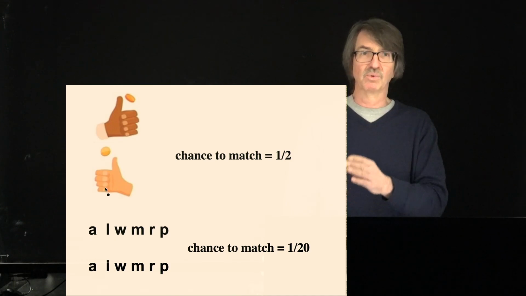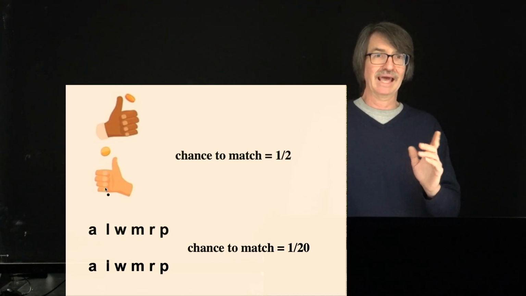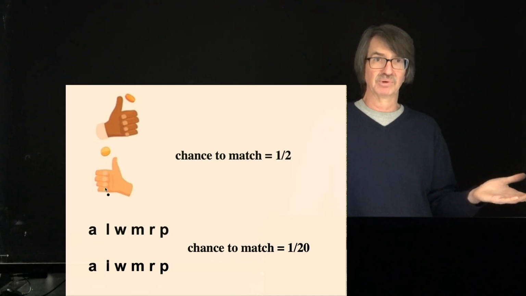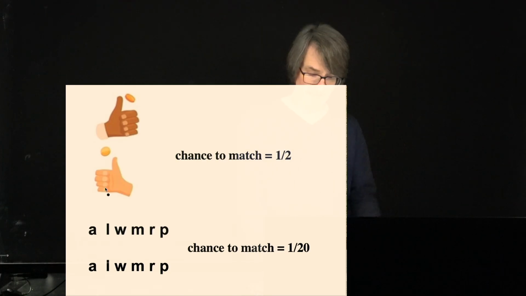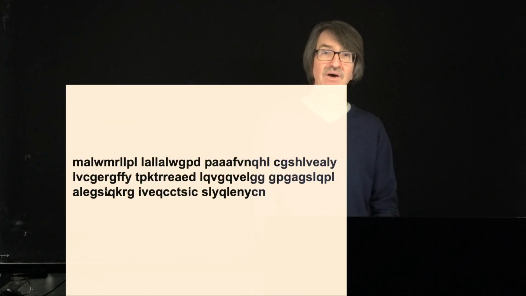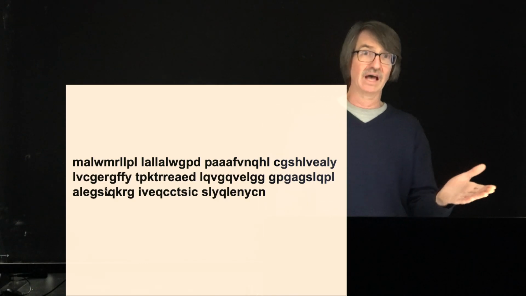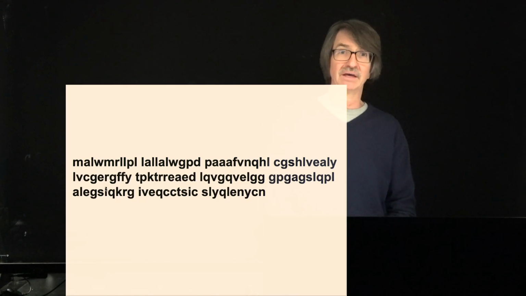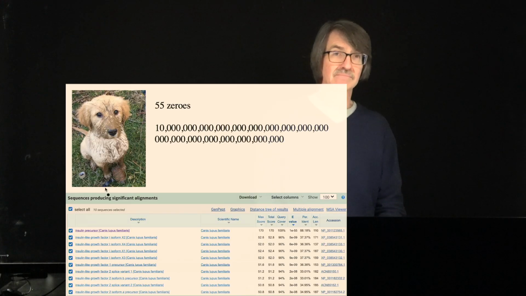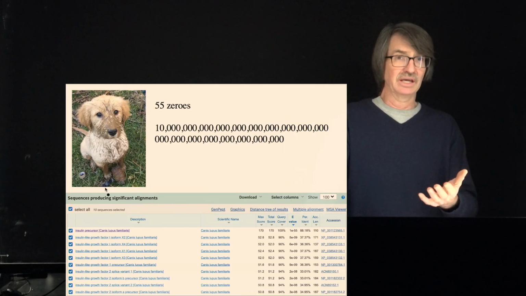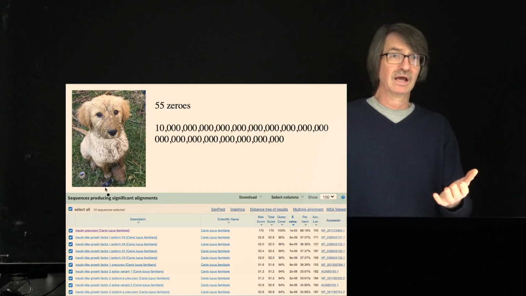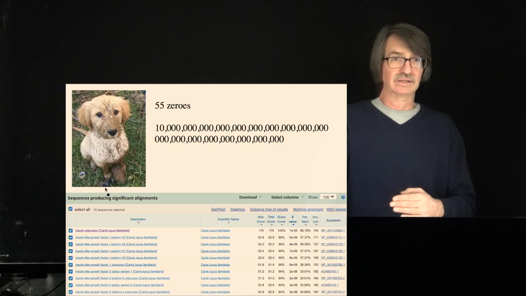And it's 1 out of 20, 1 out of 20, 1 out of 20, and we get 90% matches. So BLAST gives us the E value for that, and the E value is based on that long sequence and the strong similarities. The chances of matching to be that similar are very unlikely.